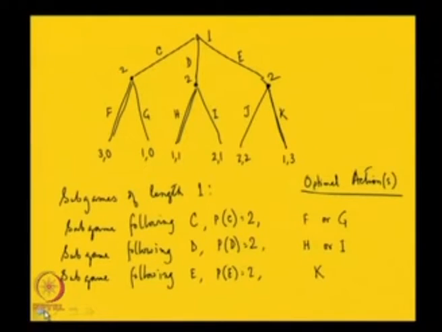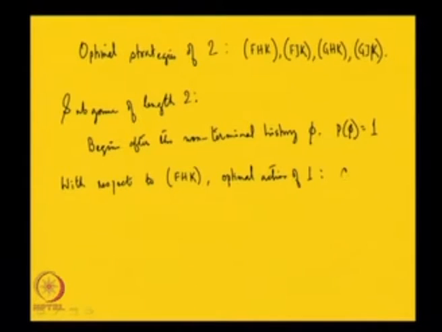With respect to F, H, K, player 1 will basically compare between C, D and E. With C he is getting 3, with D he is getting 1, and with E he is getting again 1, so C is best.